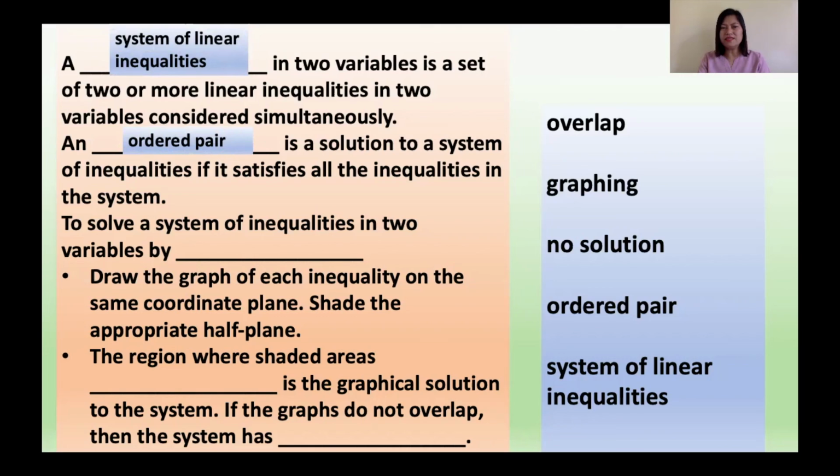To solve a system of inequalities in two variables by graphing, draw the graph of each inequality on the same coordinate plane. Shade the appropriate half plane. The region where shaded areas overlap is the graphical solution to the system. If the graphs do not overlap, then the system has no solution.